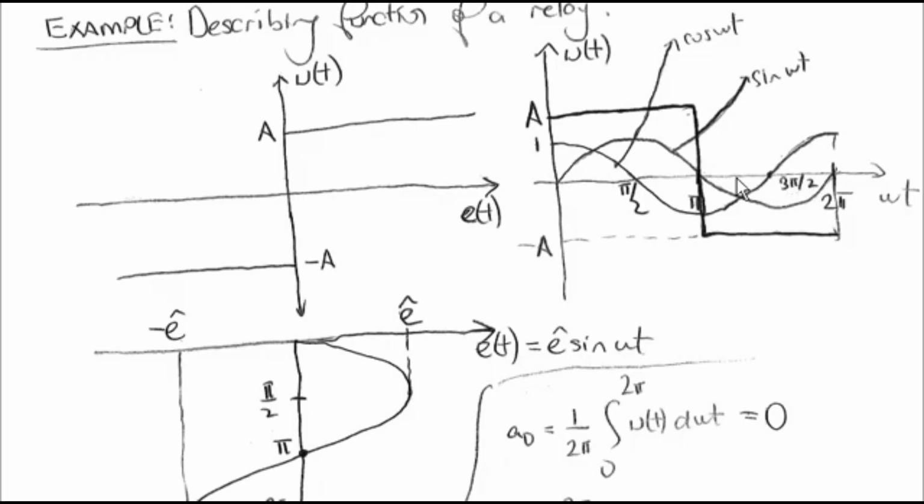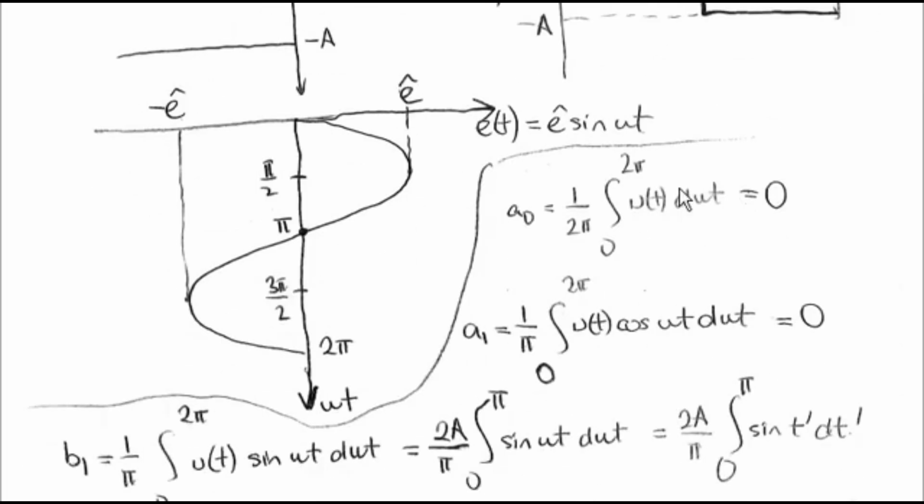Again, here I see some symmetry properties. I see that sine omega t is positive here, and u of t is a, also positive, and sine omega t is negative here, and u of t is minus a, it is also negative. So here I can actually make some simplifications for the integral of the multiplication.